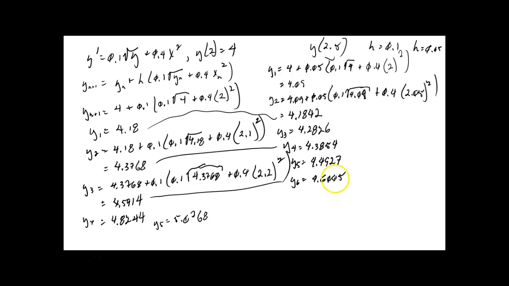That is a 4.5, not a 0.5. Writing sort of stinks. Y sub 7, which I think is then corresponding to 2.35. That would be 4.7218. And 4.8.